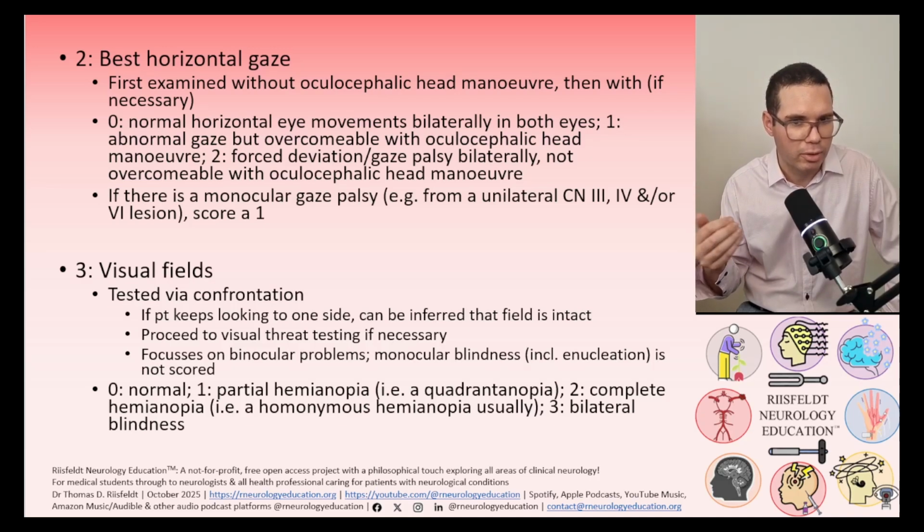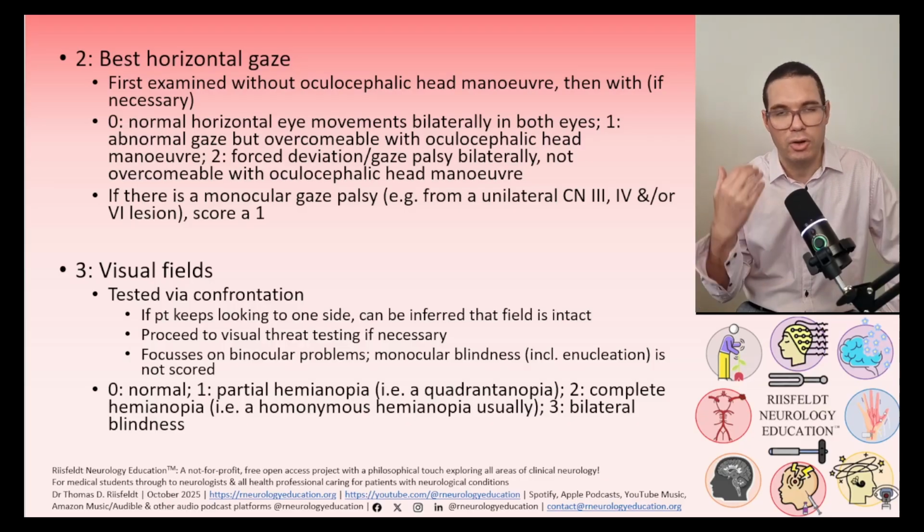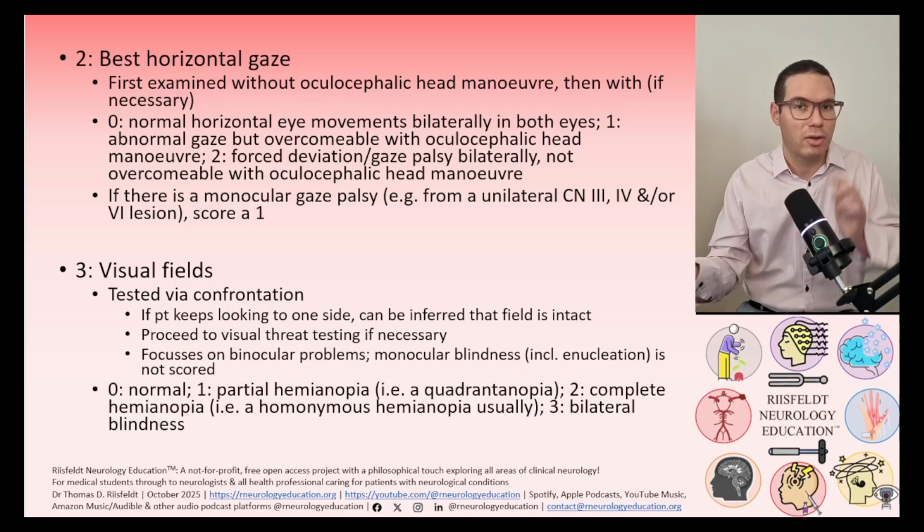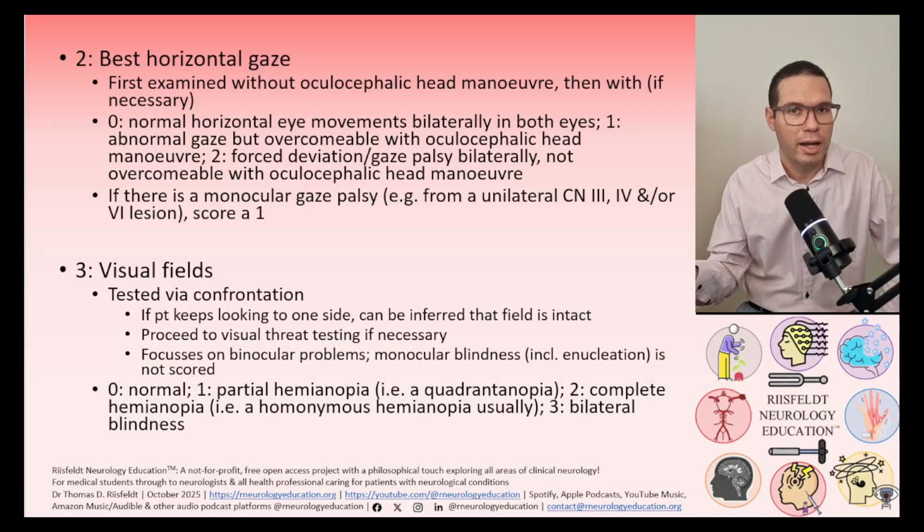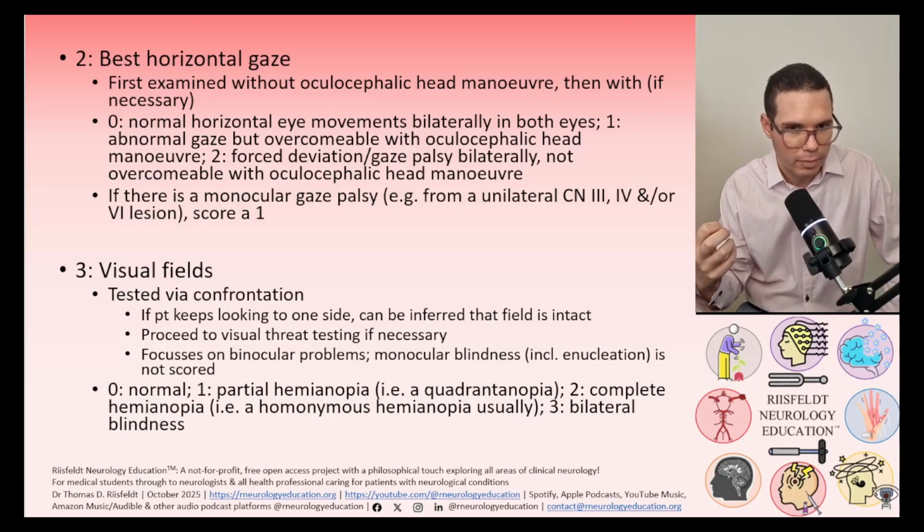So to use an example, if you're testing the right inferior quadrant and you're asking the patient to look directly at your face and they're not following your instruction because they keep looking down into the right inferior quadrant to directly look at your hand, which is moving, you are allowed to infer from that that quadrant's visual field is intact because the patient keeps consistently choosing that quadrant correctly.